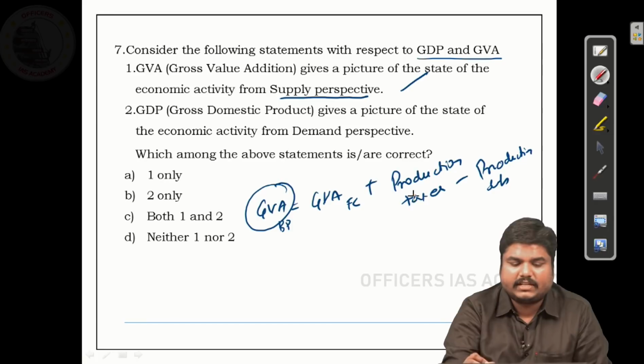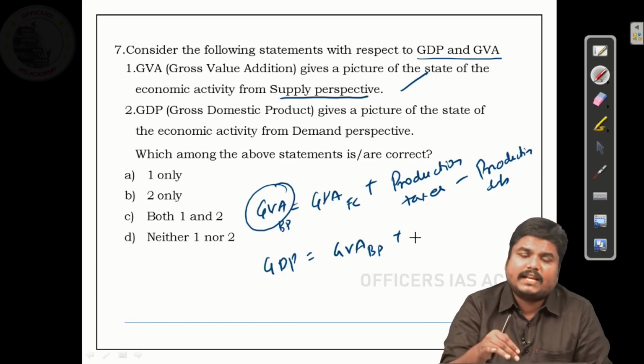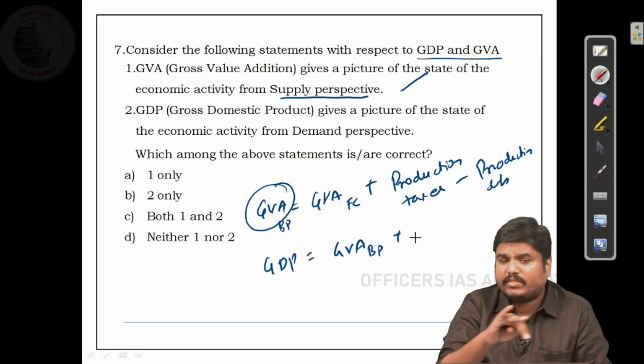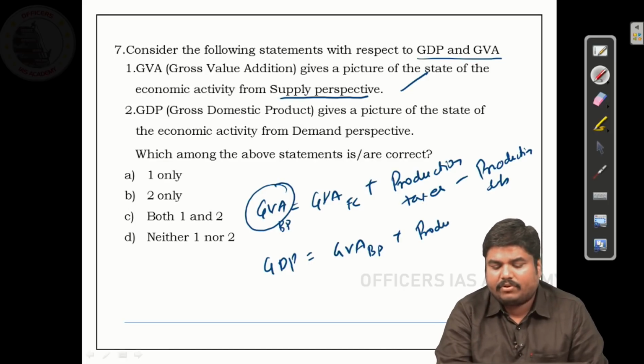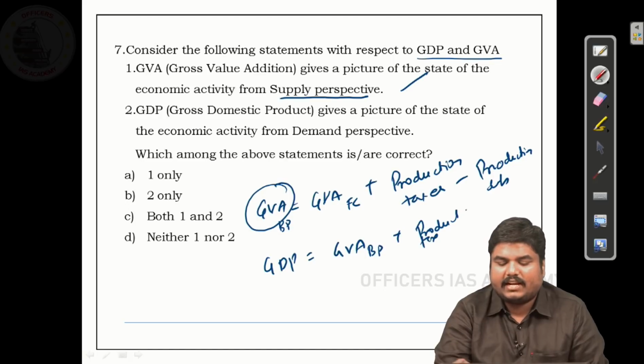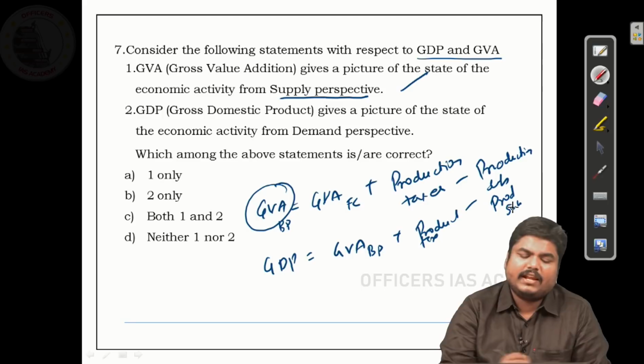So, statement 1 is correct. If we take GDP, along with this GVA at basic prices, I will be adding the product taxes and subtracting the product subsidies, right.